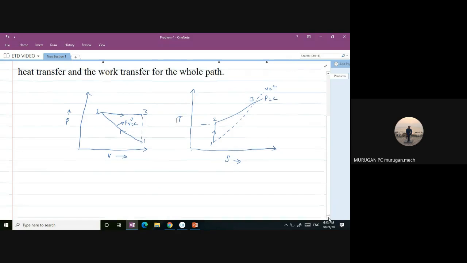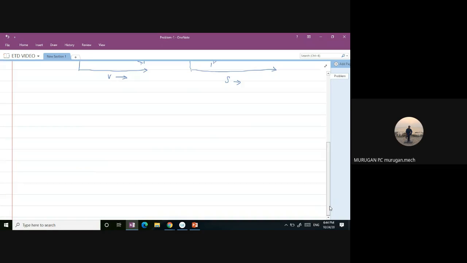Next we have to write the given data. M is equal to 0.5 kg, P1 is 80 kilopascal, T1 is 60 degrees Celsius, and P2 is 0.4 megapascal.